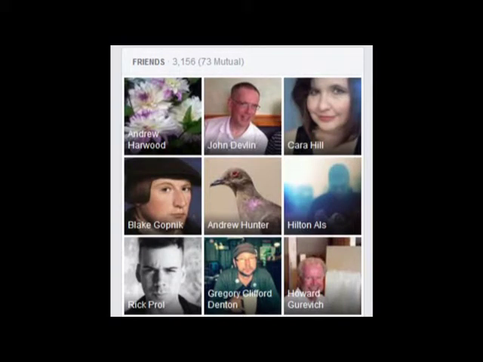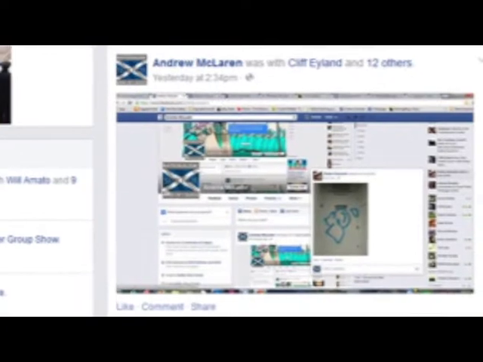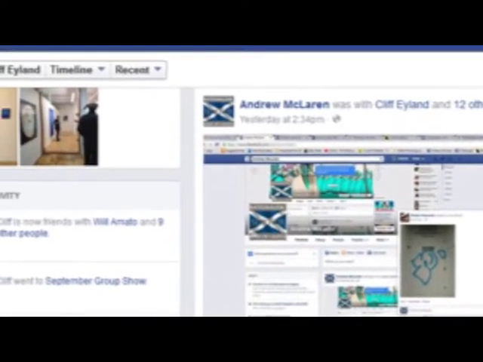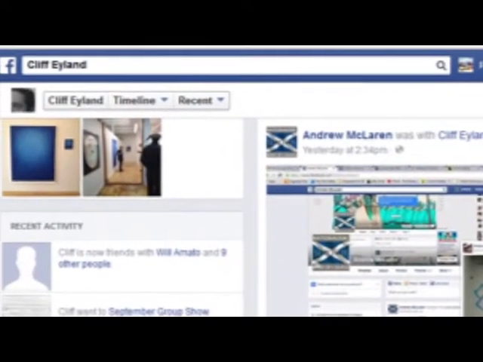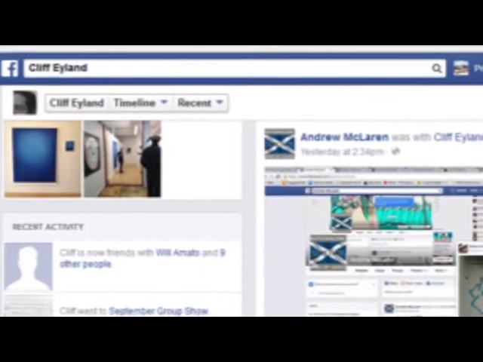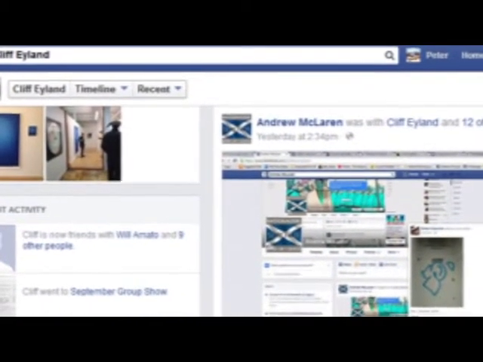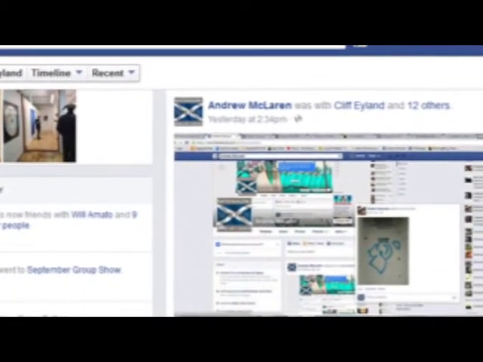I can look at the photos he posts. I can see who his friends are, and he's got a lot of them. We have 73 mutual friends. And Cliff is very active, and he's always posting things to, is this still called the wall or the timeline or whatever this thing is called nowadays?